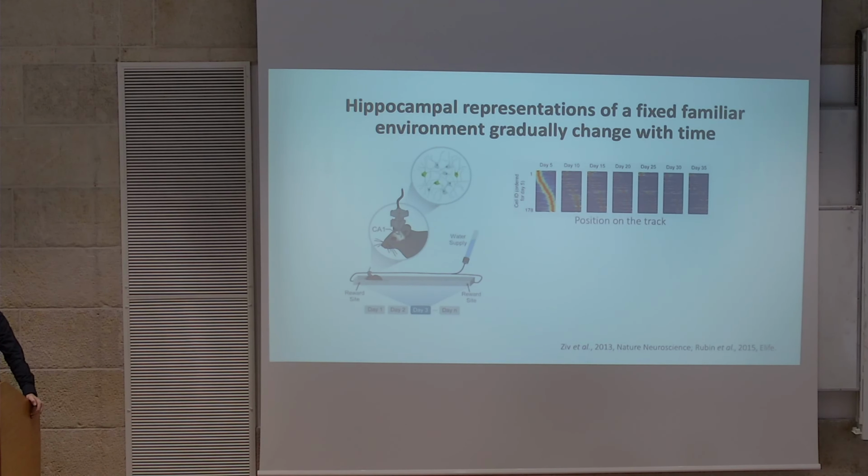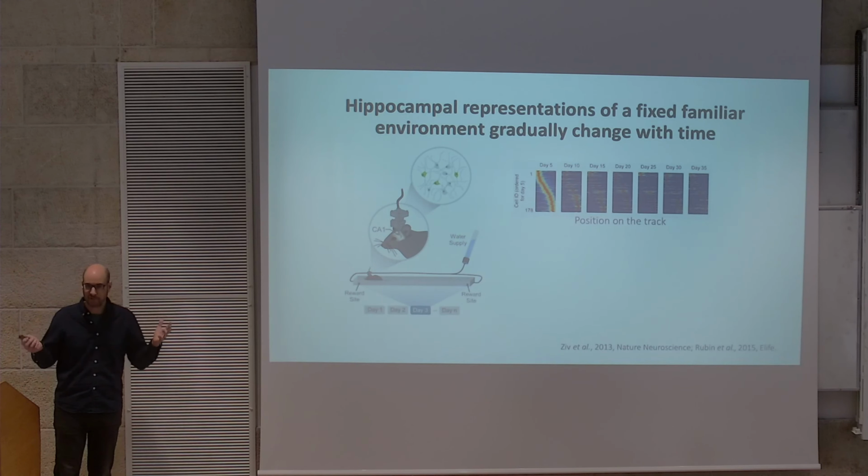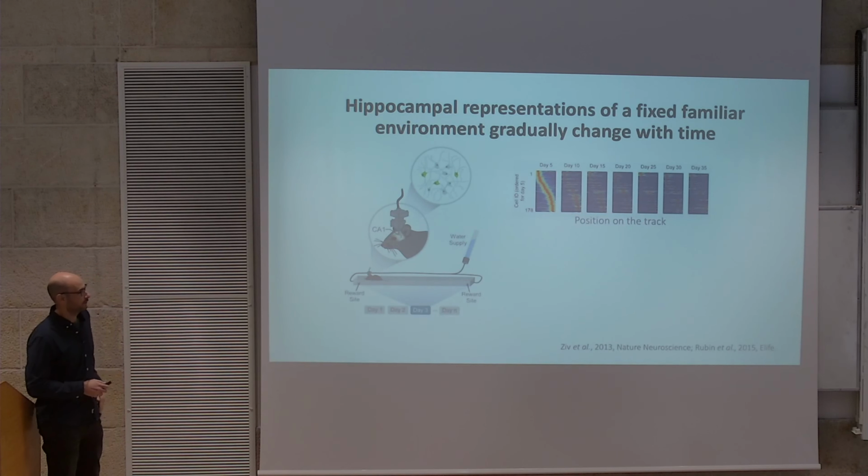What we found was rather surprising. We found that hippocampal representations of this fixed familiar linear track gradually change with time, despite no changes in the behavior, the visual or other cues, anything that we can control for.